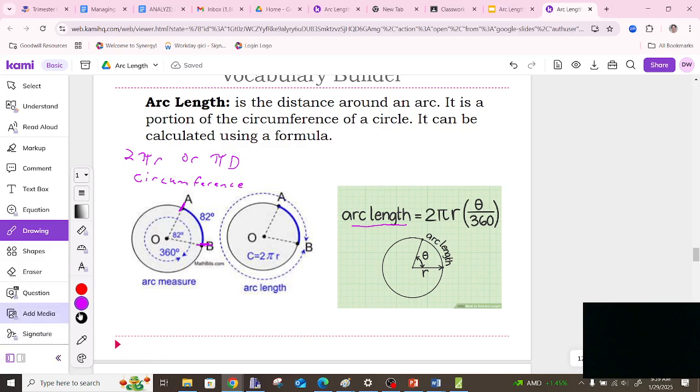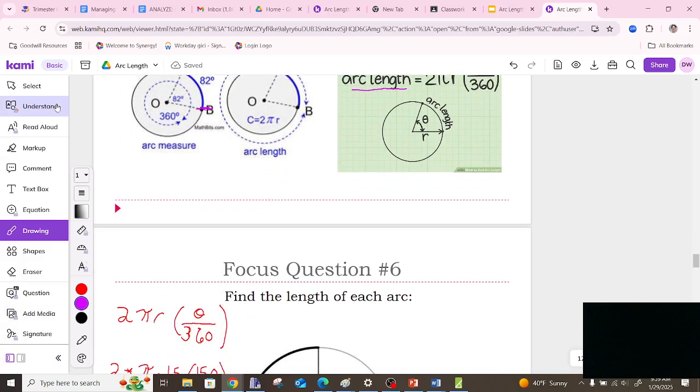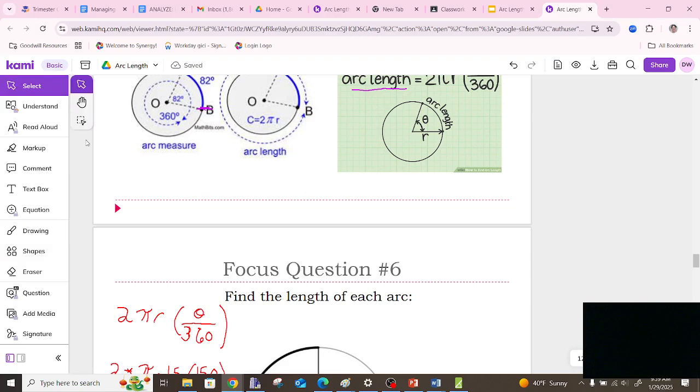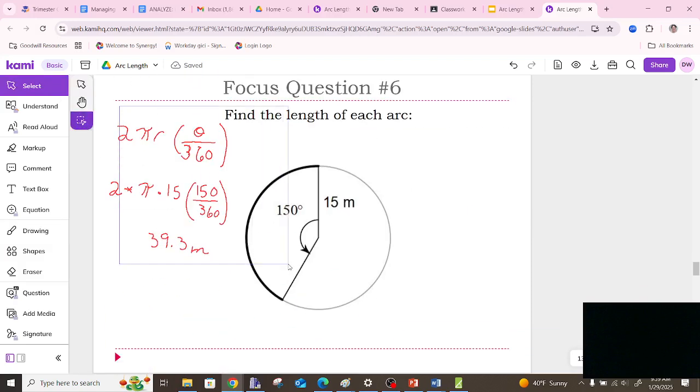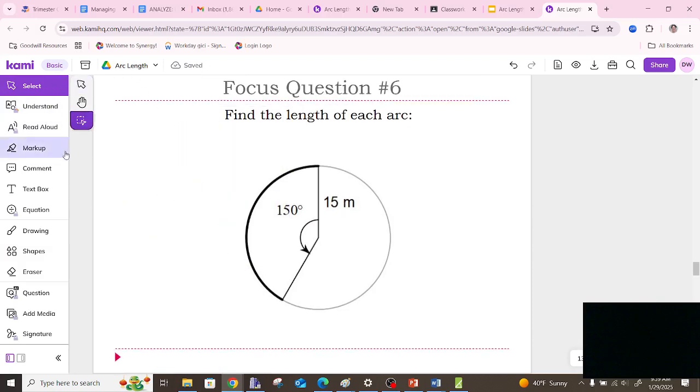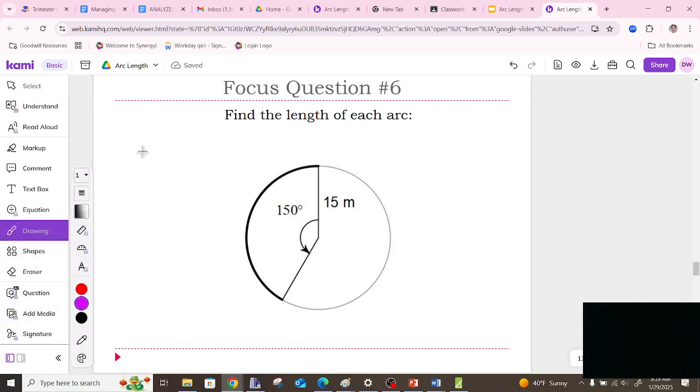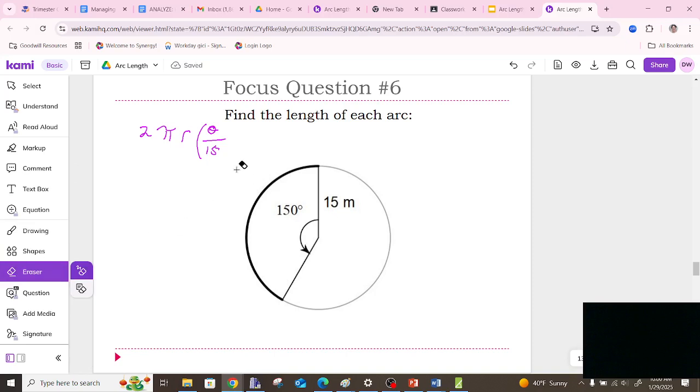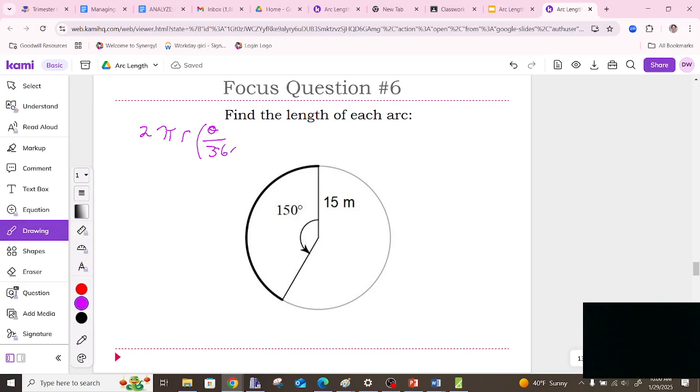And the central angle is representing the part that they're talking about of the arc length. So let's try doing a problem, because sometimes if I do an example with real numbers, it makes more sense. So here we know from what I just said that if I take 2 times pi times radius and multiply that by the degree, remember we talked about degrees sometimes being called theta, and then put it over 360, this will give us this length here.